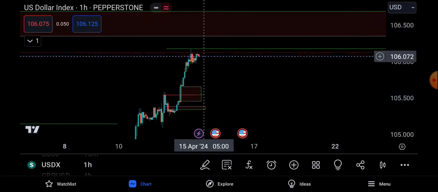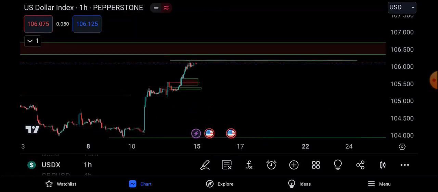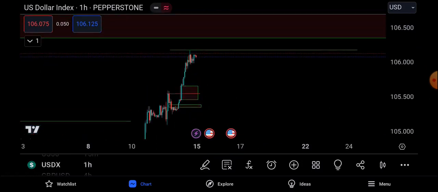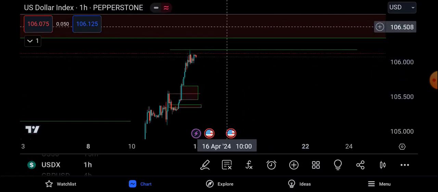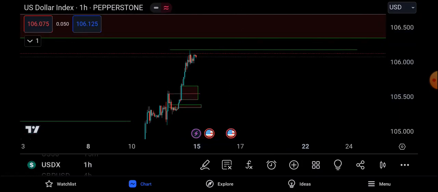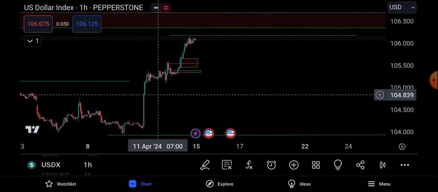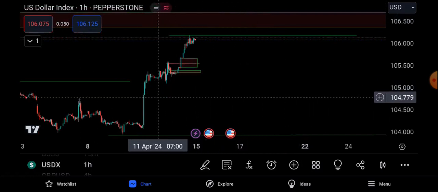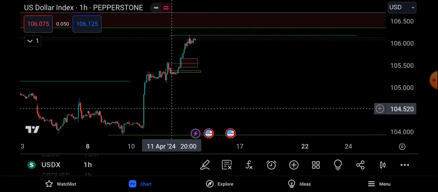But because we had such large range days this week, we could also have a situation where we do Monday, Tuesday right into the gap, and then Wednesday, Thursday, and Friday back down, taking these lows, and then back down into these fair value gaps right here.